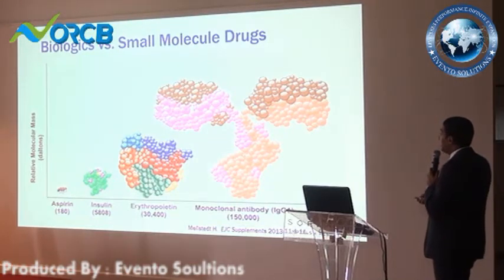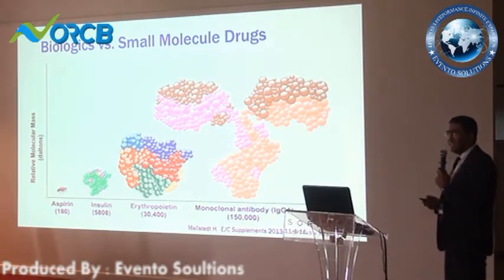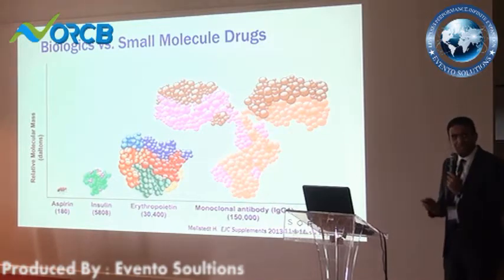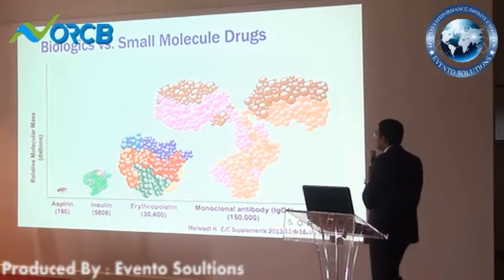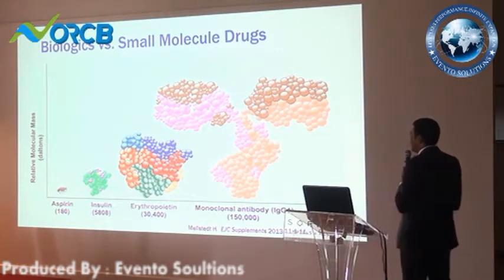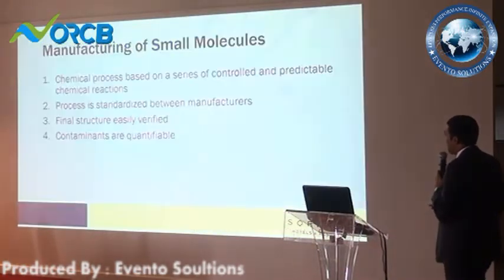So, as the molecular weight increases, the process of manufacturing and development becomes more complex. So, more standards for quality control and quality assurance and quality attributes are required to ensure the biological safety and efficacy of the biological molecules.